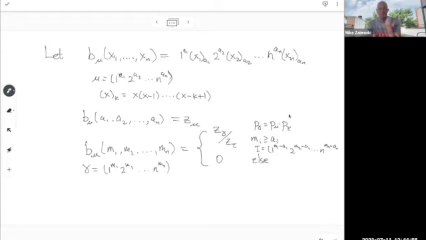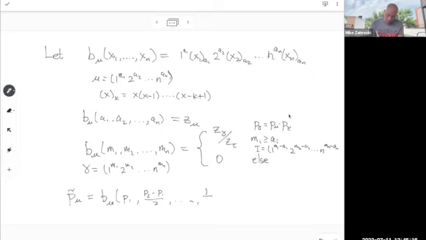Now I want to make a character symmetric function, and I'm going to call it p mu tilde, and that's going to be equal to b mu, where I evaluate this at p1, p2 minus p1 over 2, and so on.